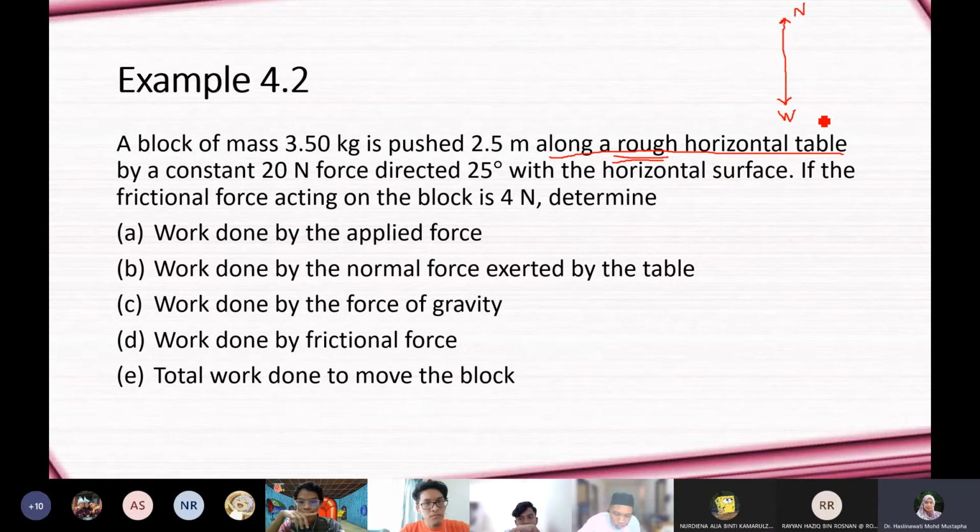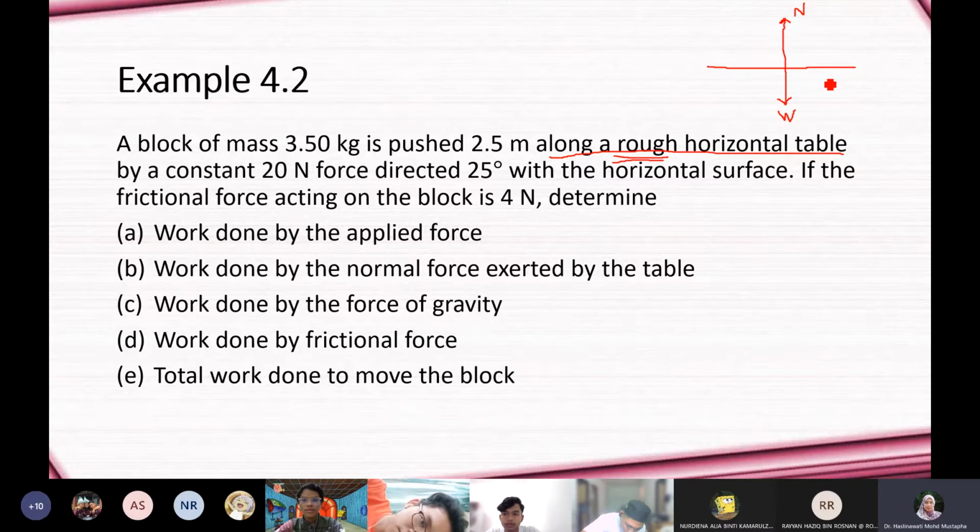Okay. So, lagi apa dia bagi tahu? By a constant 20 Newton force directed, okay, kita ada applied force directed 25 degree with the horizontal. So, this is horizontal. So, directed 25 degree. Okay, so macam ni lah. Ini adalah 25 darjah.